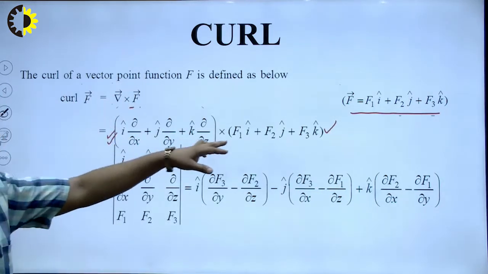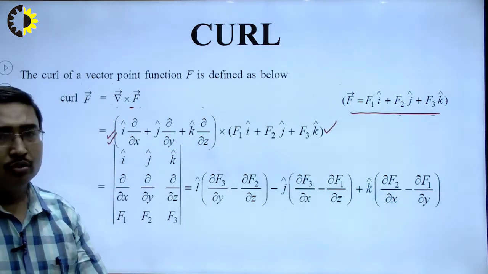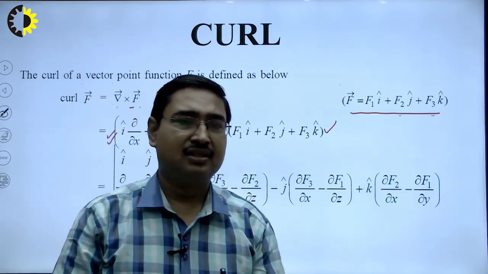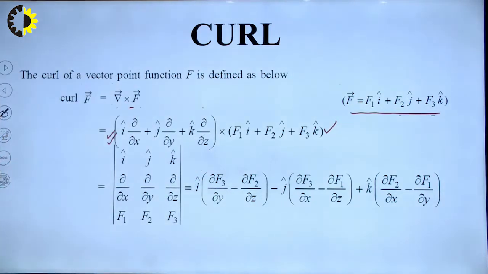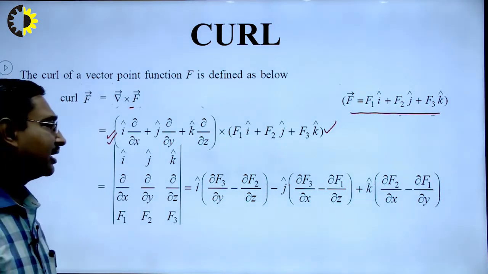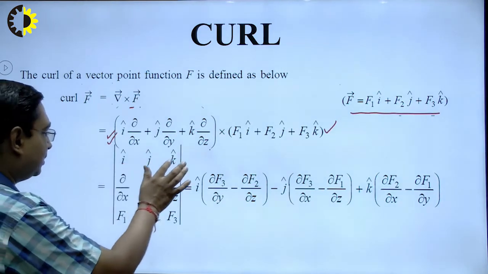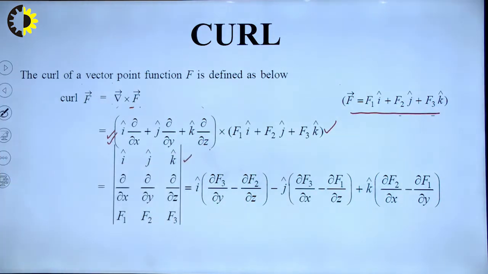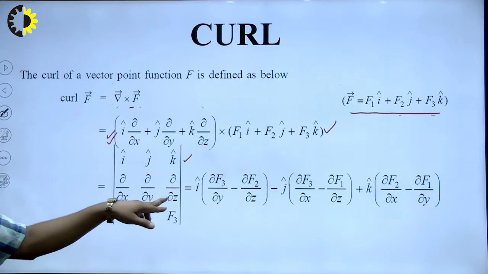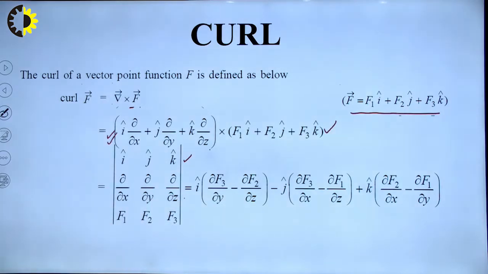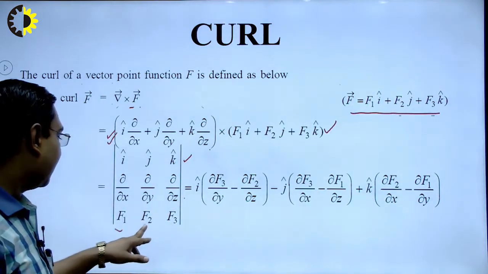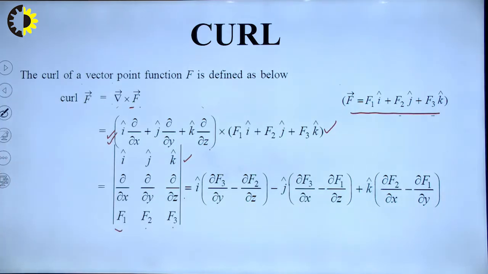Now, it is cross product. We know that if we are having two vectors, then their cross product can be written in the form of a determinant also. Following same pattern here, this cross product can be written as i cap, j cap, k cap in first row, del over del x, del over del y, del over del z in second row, and f1, f2, f3 in third row.